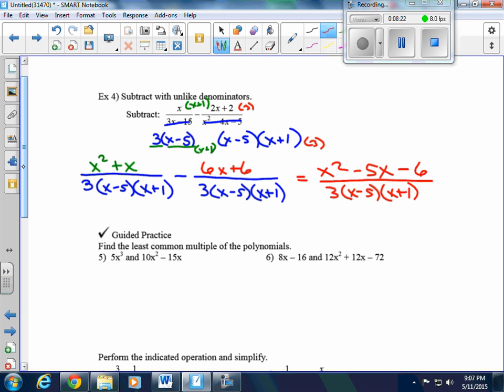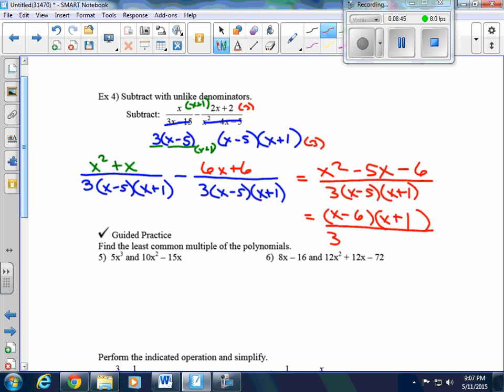And then we have to check to see if it factors, or if we can simplify this any further. And it looks like this one might. So let's try to factor it. Do it over here so we make some more room. This will be x minus 6 and x plus 1.